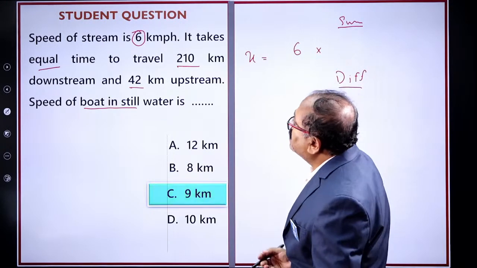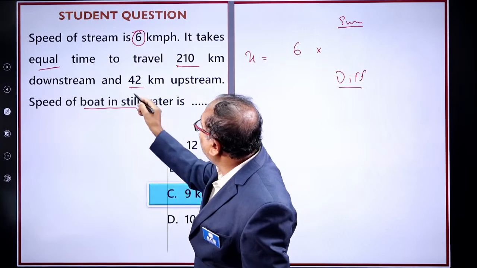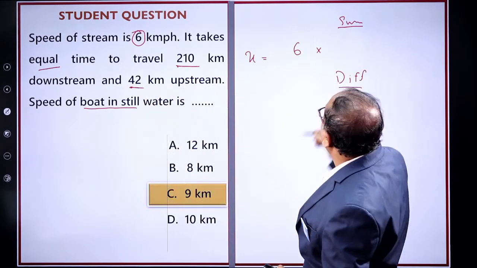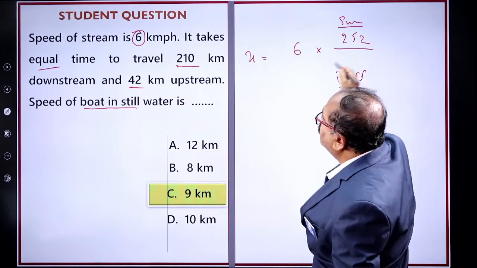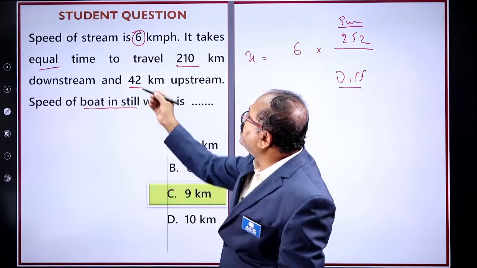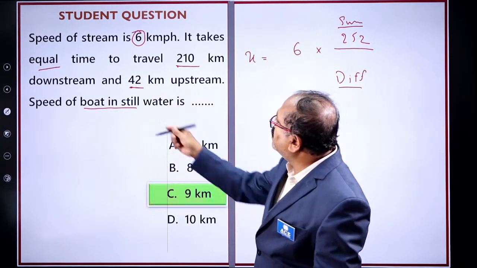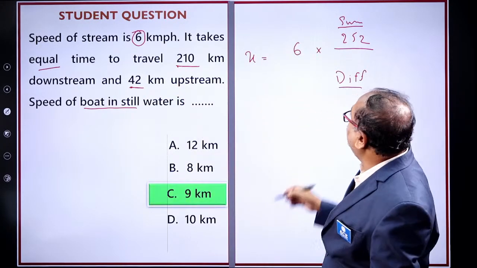So let's take the sum here. That comes to 210 kilometer and 42 kilometer, that is 252 kilometer. And what is the difference of these two? 210 minus 42, that comes to 168.